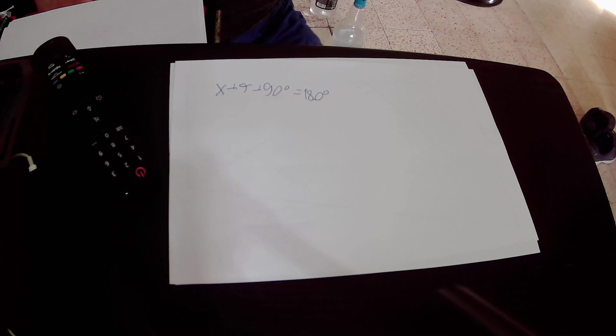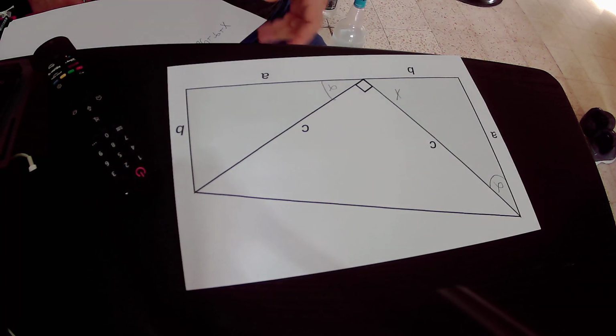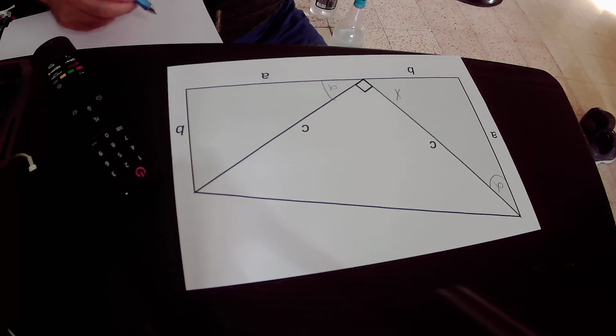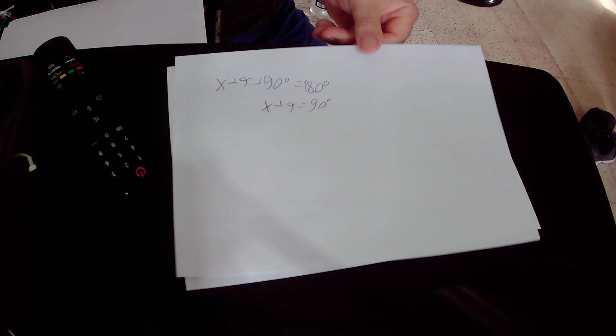Now we can subtract 90 degrees from both sides of the equation, and then we will get that x plus alpha equals 90 degrees.